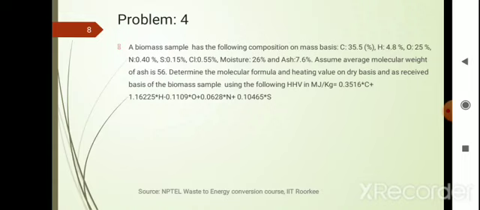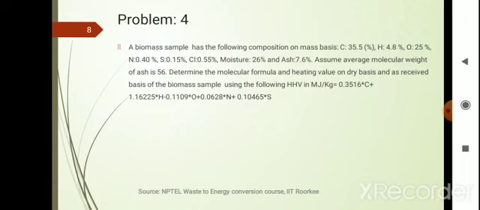Assume the average molecular weight of ash is 56. Determine the molecular formula and heating value on dry basis and as received basis of the biomass sample.